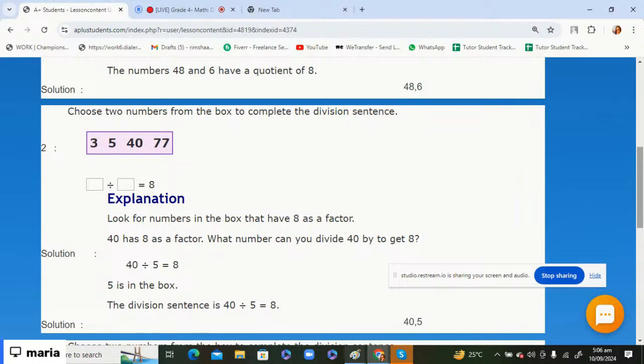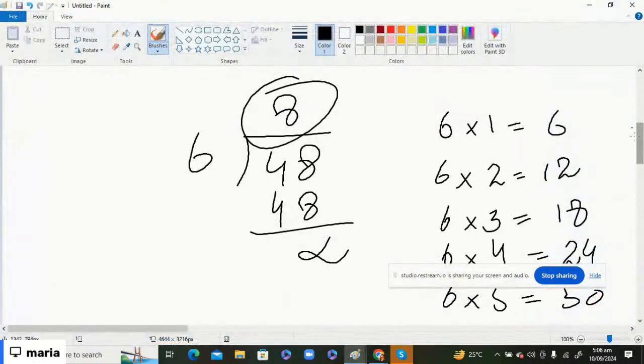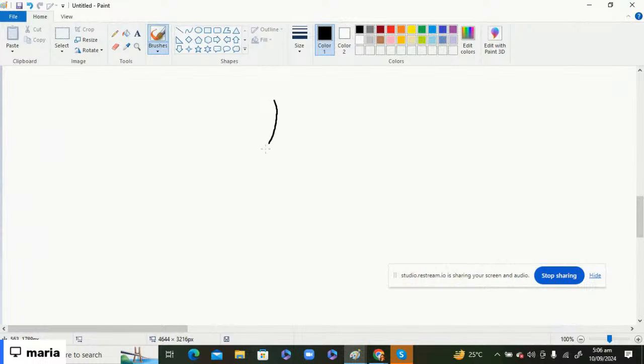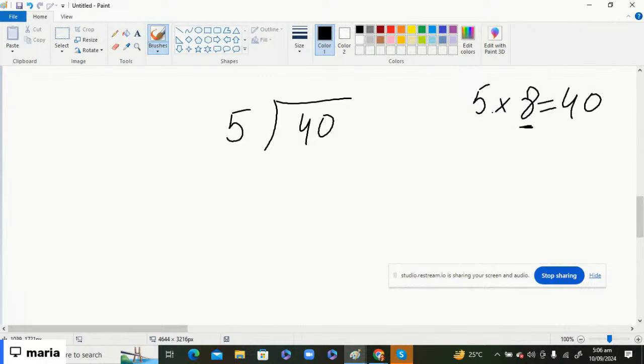Let's do it together, okay? 40 and that is 5. So as we know, 5 times 8 is 40. So this 8 we are going to put here. So now 8 is your answer.